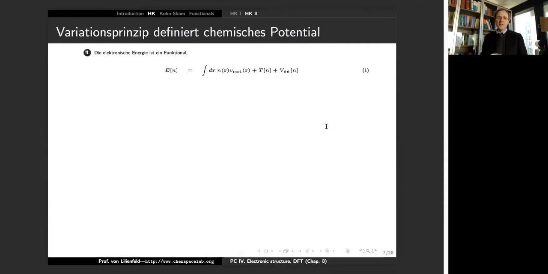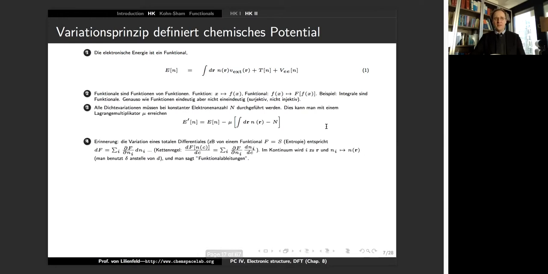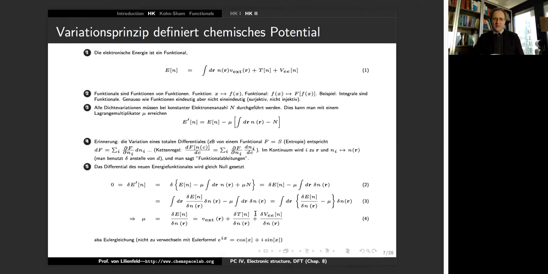We then proceeded to discuss the chemical potential, and in particular we used the functional derivatives in this variational principle with the constraint that your number of electrons must be conserved, which is of course crucial. You can imagine that you optimize the electron density somewhere, but then you're losing electrons, so you need to include this constraint for the electron number.